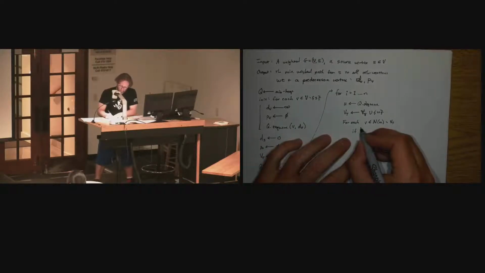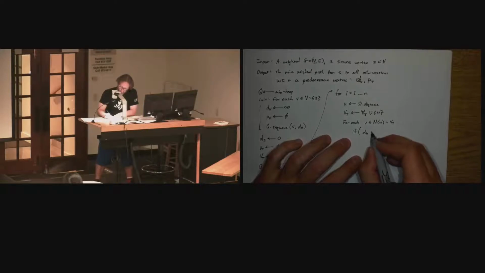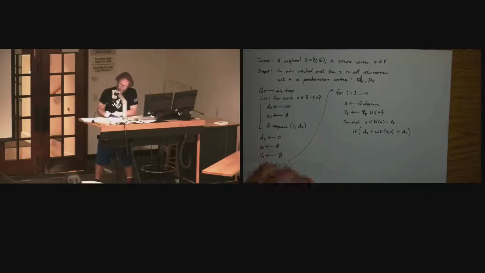If the distance of U plus the weight of going from U to V is less than D sub V, then we need to do something here.